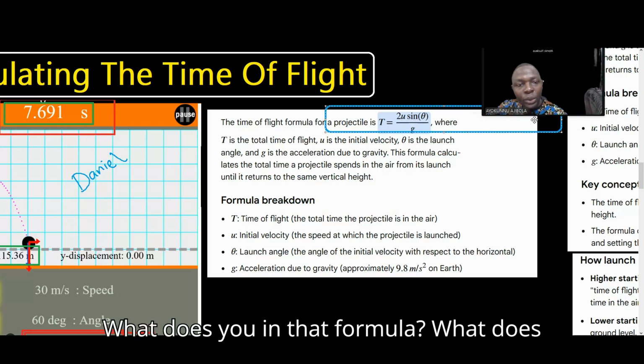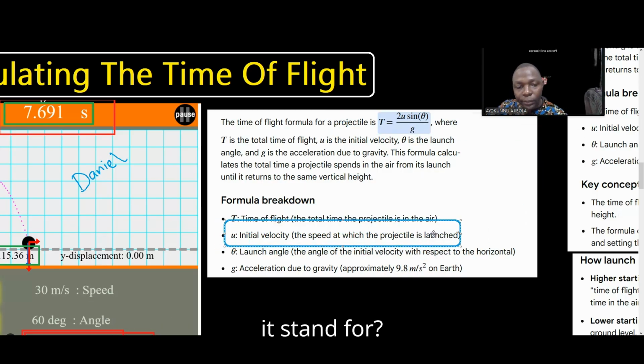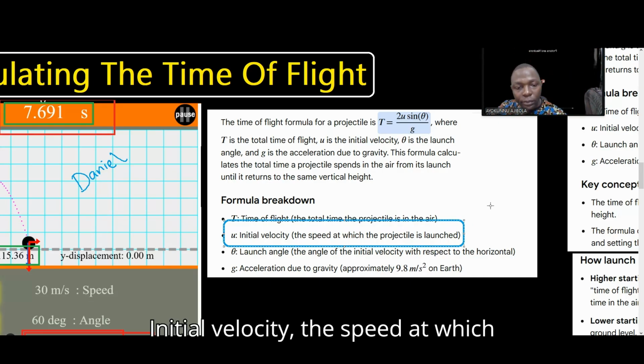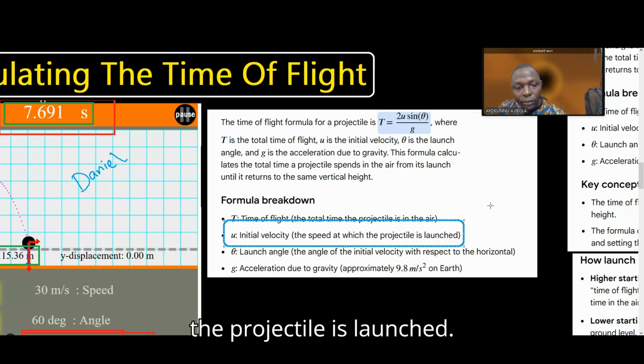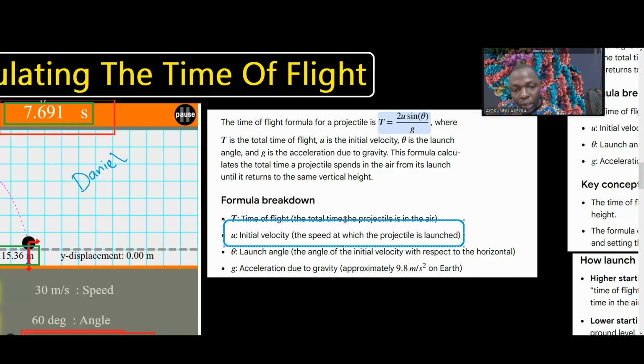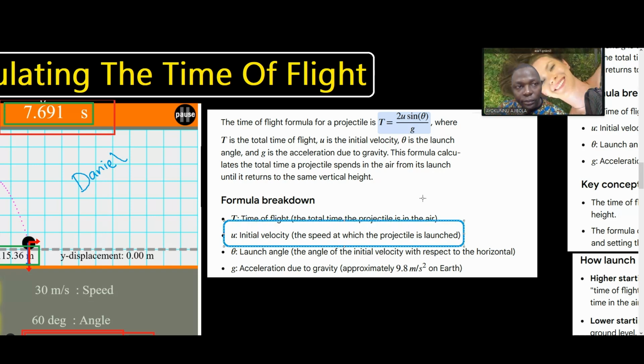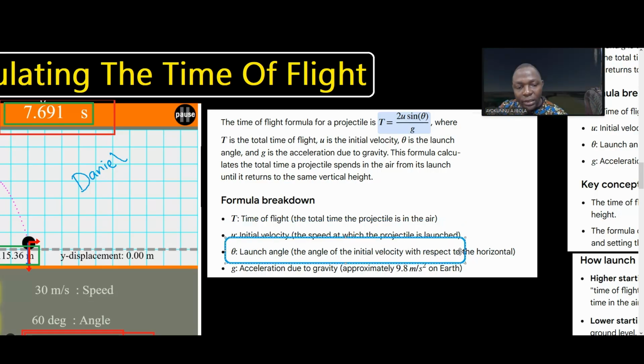Now, what does U in that formula stand for? Initial velocity. The speed at which the projectile is launched. One more time, everybody. Initial velocity. What does theta stand for?